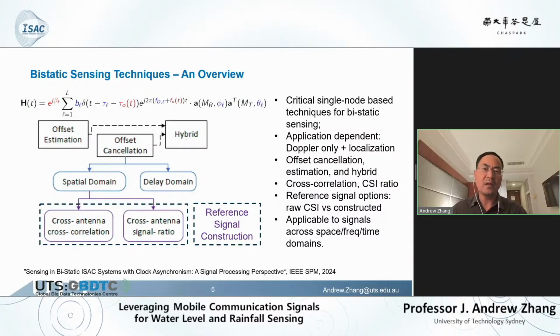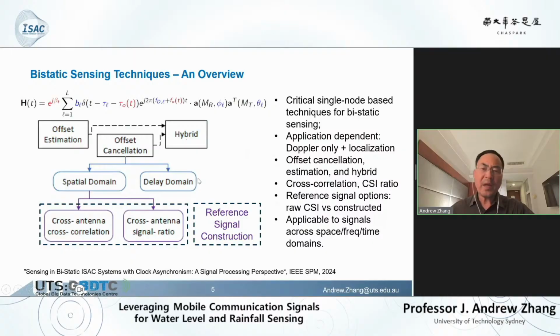So this means the clock offsets across antennas are identical. By exploiting this property, we can realize cancellation by, for example, simply multiplying the signals between multiple antennas, or even doing division. We can also extend the spatial domain processing to the delay domain. We have shown the details in the last lecture.